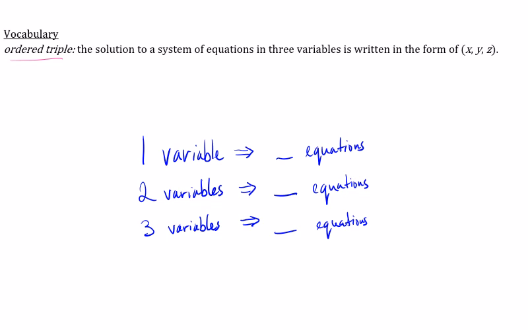So now let's talk about the evolution of our system. First we started with just one equation, right? We learned how to solve one equation with one variable, like solve for x in an equation, and we would just get x by itself and solve, right? If we just have one variable, then all we need is one equation to solve for that variable.